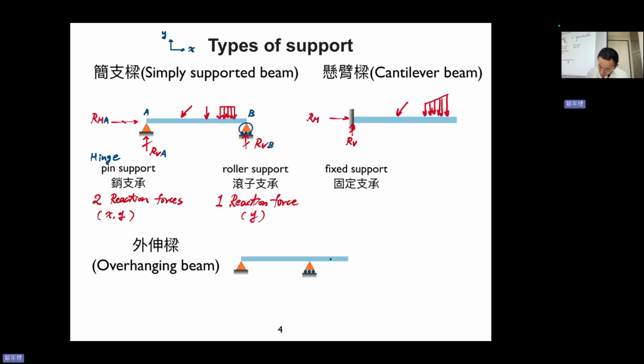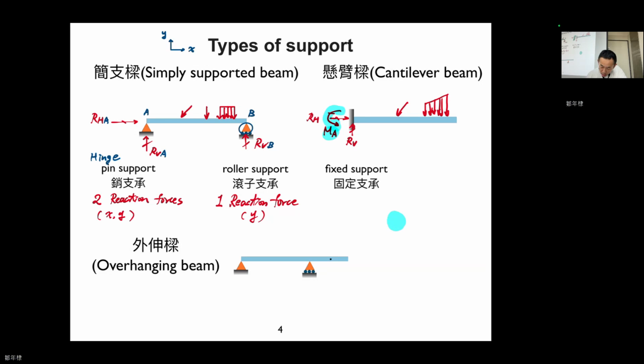And most importantly, it will give a reaction moment. Reaction moment. This is really important. Okay, reaction moment.